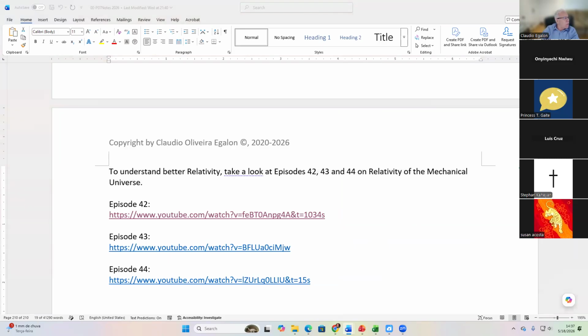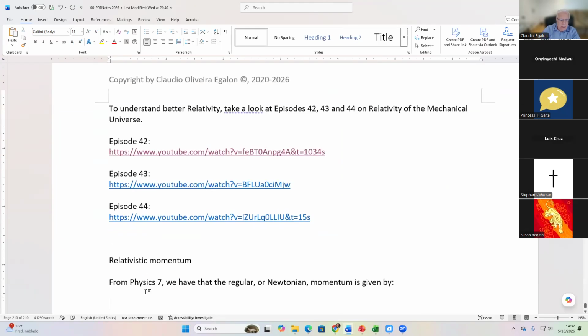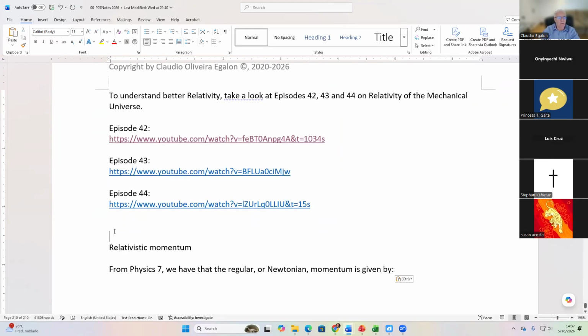Now, let's talk about relativistic momentum. How do we formulate the relativistic momentum? From physics 7, we have that the regular or Newtonian linear momentum is a vector, mass times velocity.